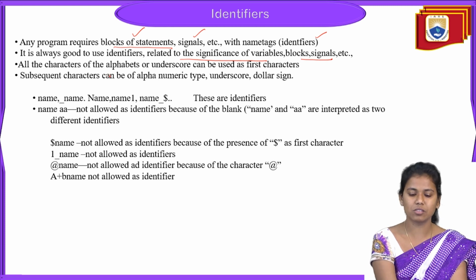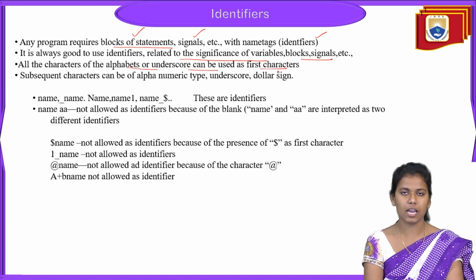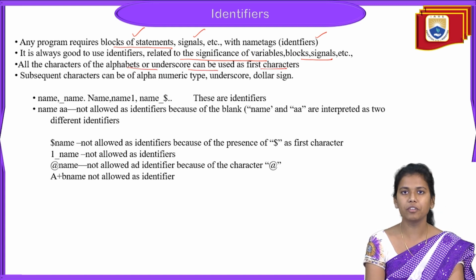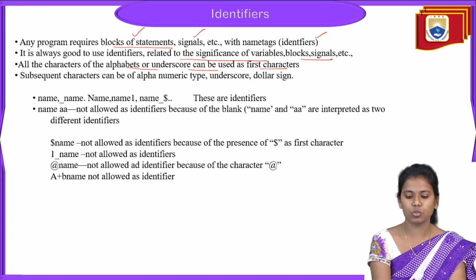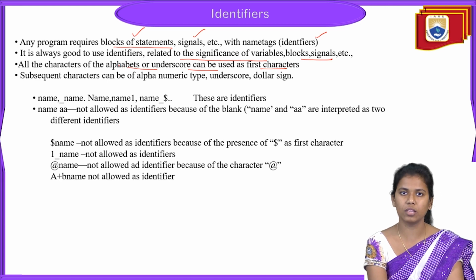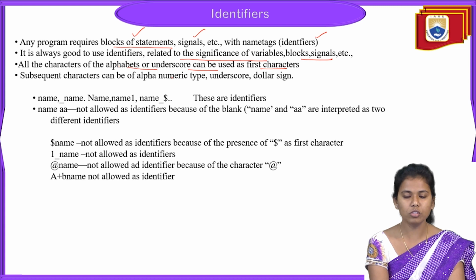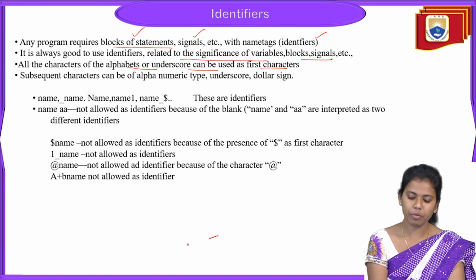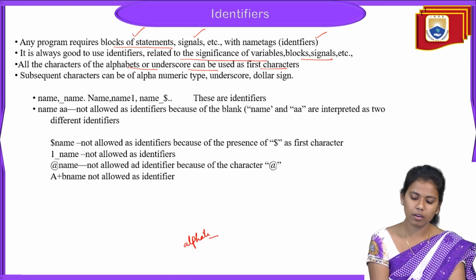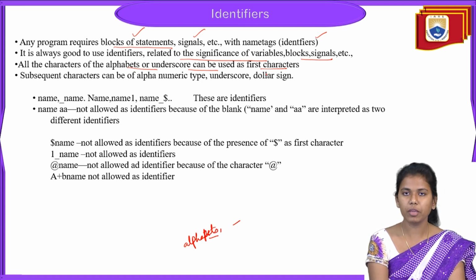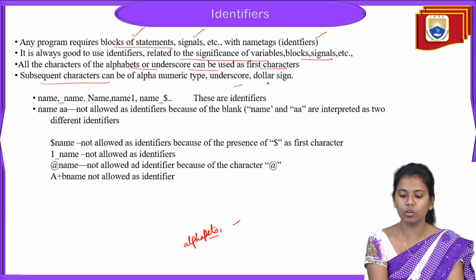All the alphabets or underscore can be used as first characters. Subsequent characters can be of alphanumeric type, underscore, $ sign.